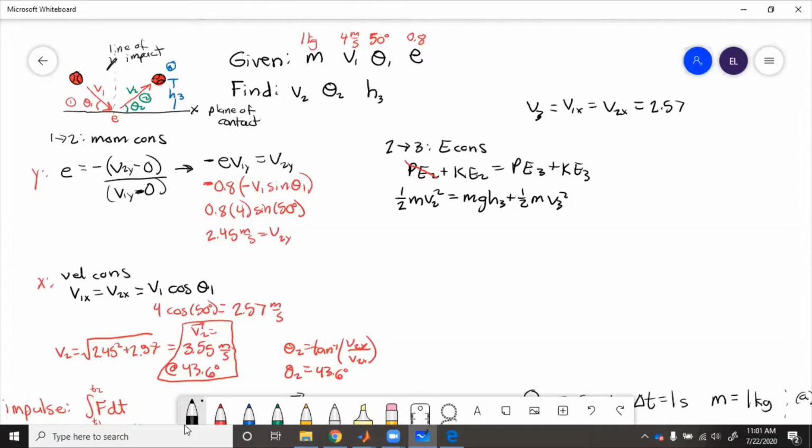Okay, so now we can cross out mass. We put in numbers, so we have 1/2 times 3.55 squared equals 9.81 h3 plus 1/2 times 2.57 squared. And this comes out to be 0.306 equals h3.